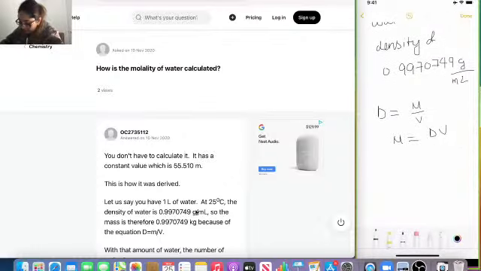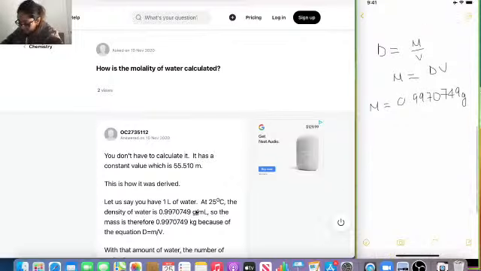So you multiply the density times 1 and we get 0.99707, I'll just write the whole thing, 0.9970749 grams.